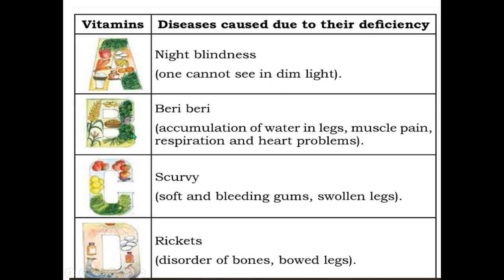Then vitamin B deficiency causes beriberi. Okay, so what is meant by beriberi? Symptoms of beriberi are accumulation of water in legs, muscle, respiration and heart problems. So accumulation of water in legs, then there will be pain in the muscles, and there will be problems while respiration, and it also leads to heart problems.